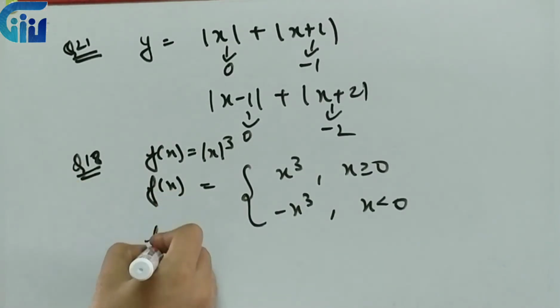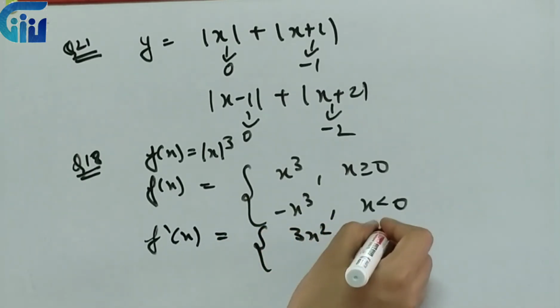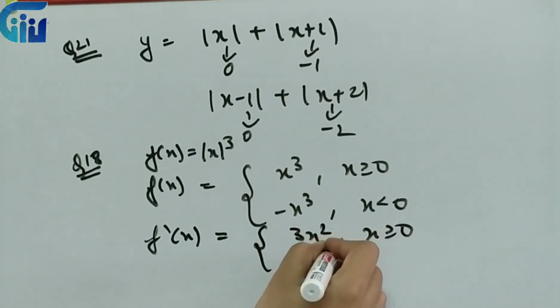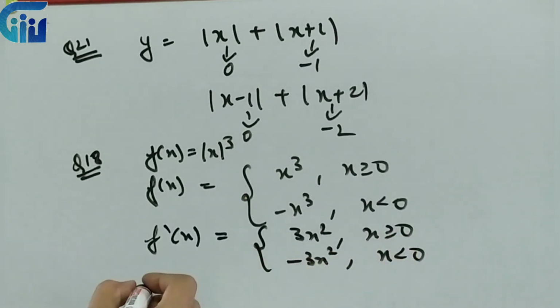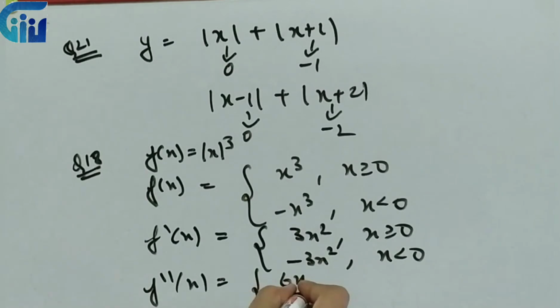If I write the derivative, it will be 3x square if x is greater than or equal to 0, minus 3x square if x is less than 0. This was a 1-marker question this time. Similarly, the second derivative will be 6x if x is greater than 0 and minus 6x if x is less than 0. So this is how we write the second derivative for modulus, right?